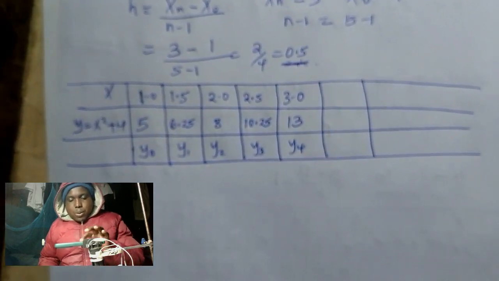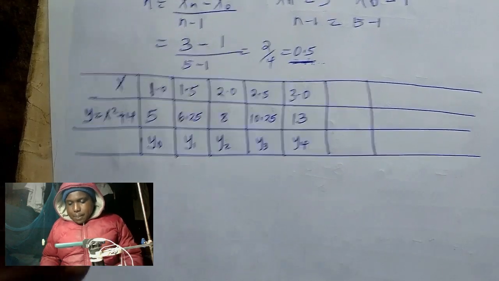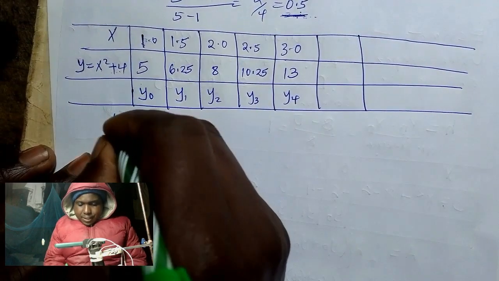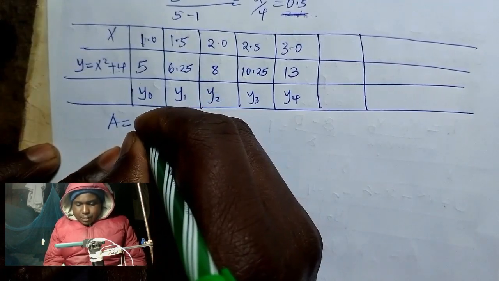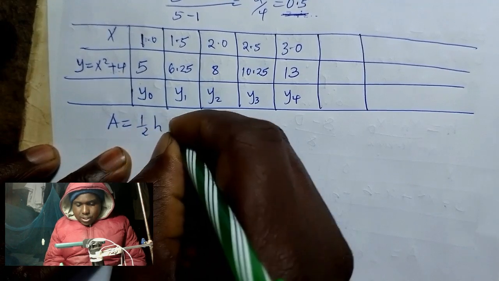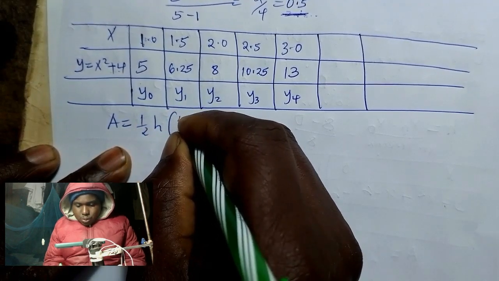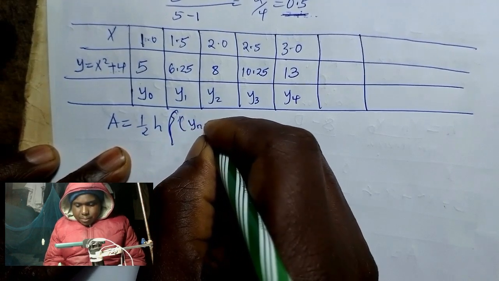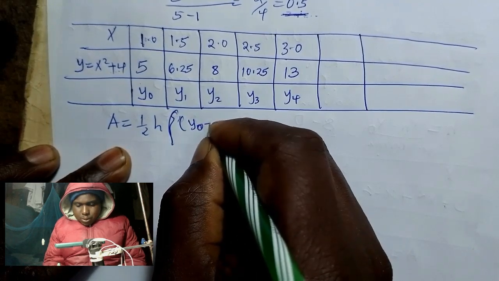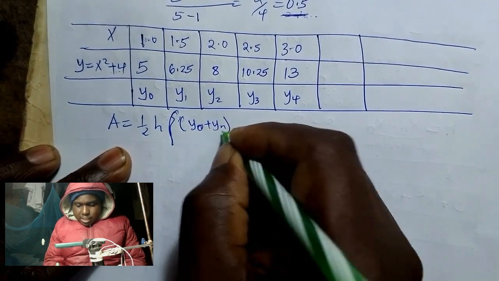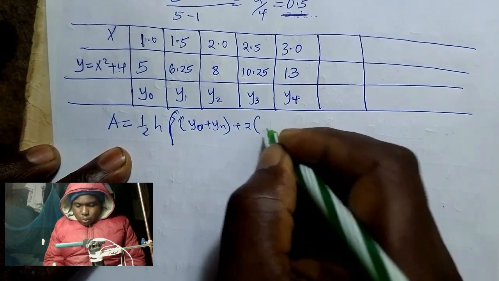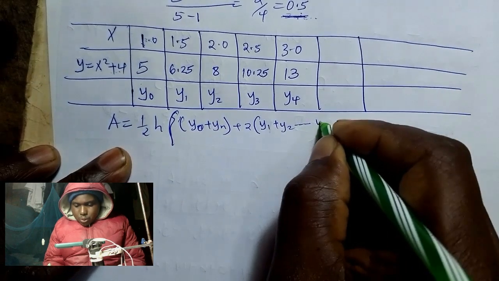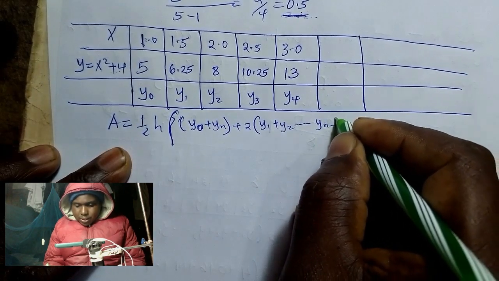Go back to the formula and apply it now. Area by the trapezium rule is given by a half h into the bracket y naught plus yn, plus 2 into y1 plus y2 all the way to yn minus 1.